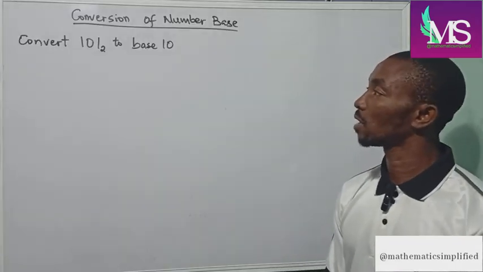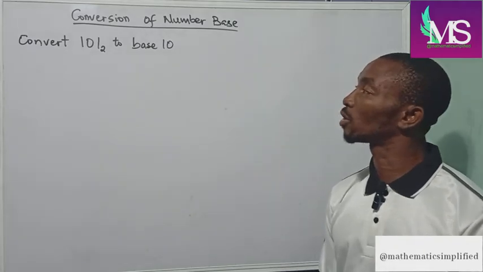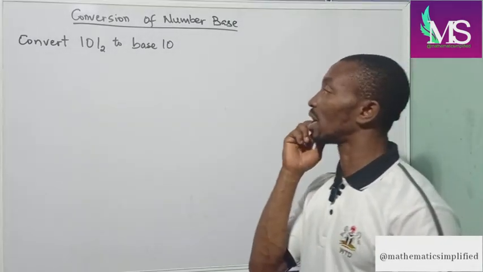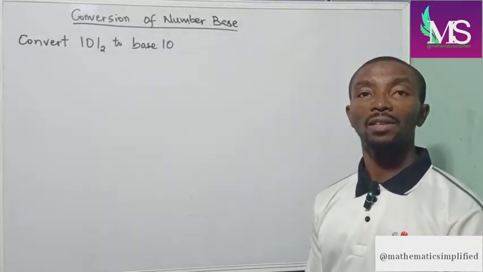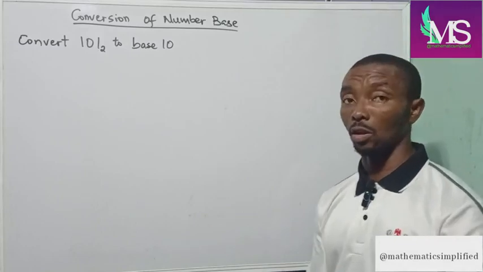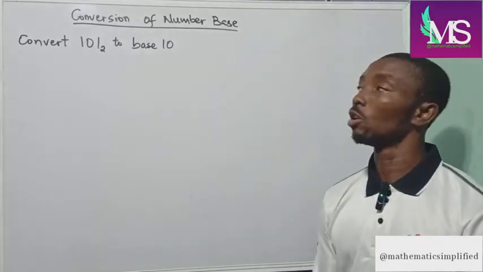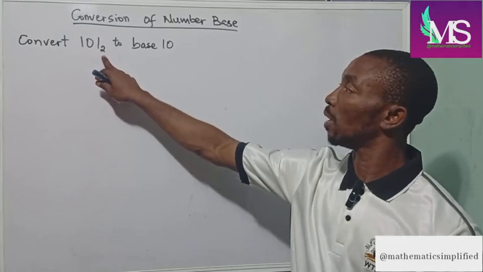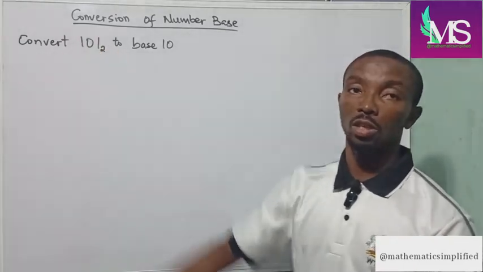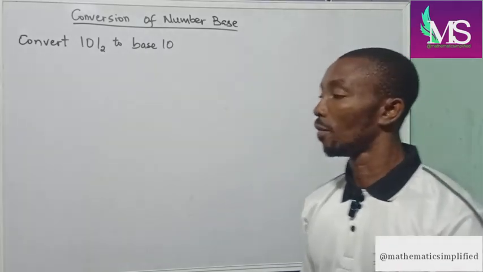Our first example looks at converting from base 2 to base 10. It is important to know that when converting from base 2 or any other base to base 10, you multiply each digit by the base raised to the power of its position.